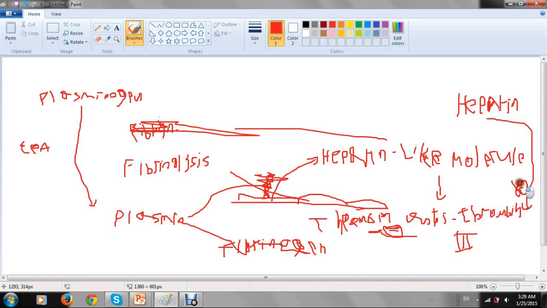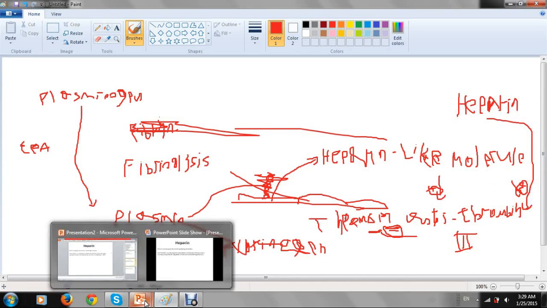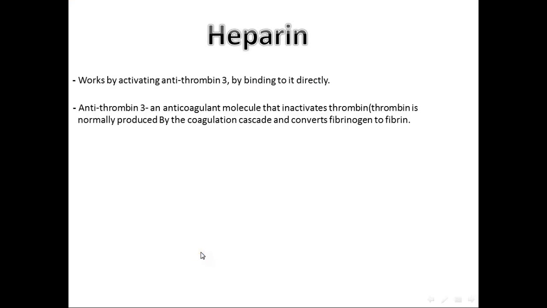Okay, so two mechanisms for antithrombin 3 to activate. So antithrombin 3 is an anticoagulant molecule that inactivates thrombin, which is normally produced by the coagulation cascade and converts fibrinogen to fibrin. So this is the function of heparin.